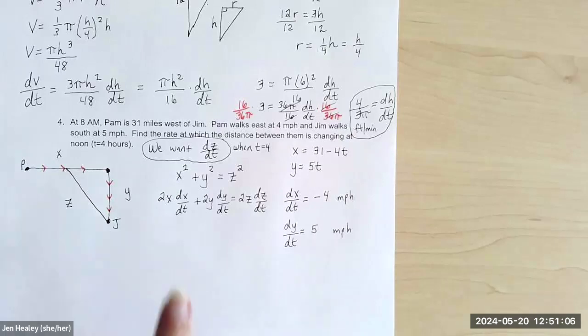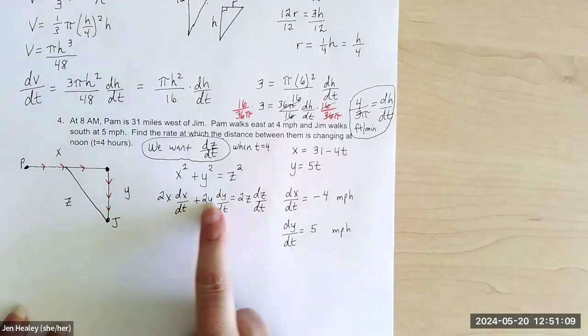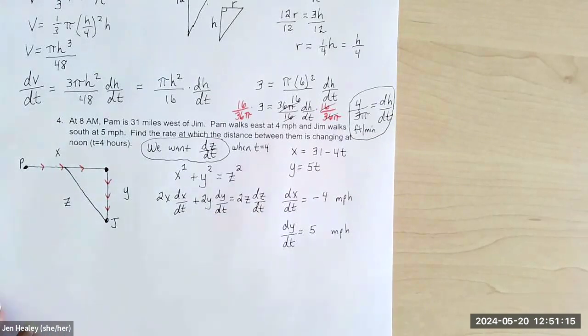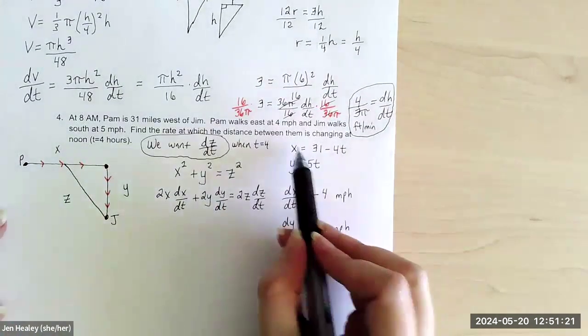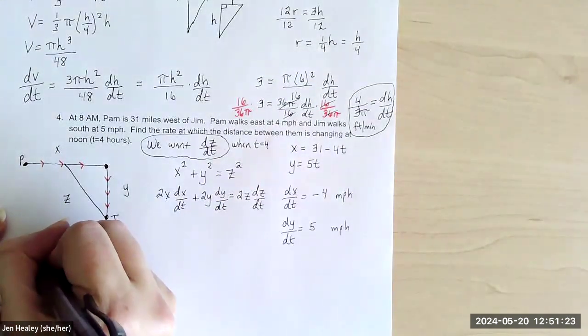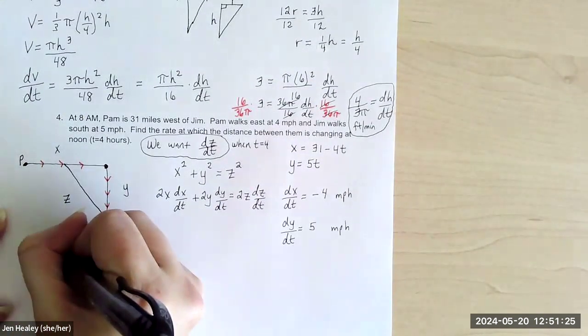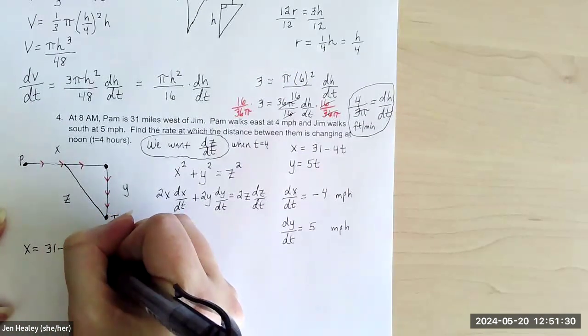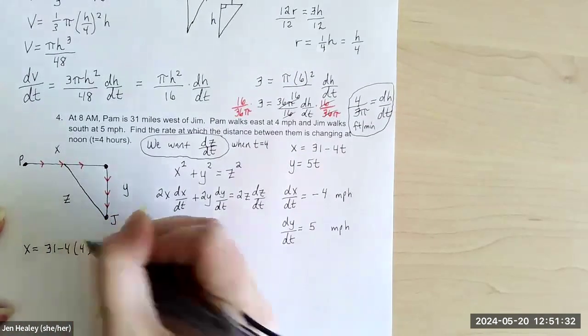I have x, y, and z that I'm going to have to plug things in for in order to solve this. So using that t, I need to figure out what x, y, and z would need to equal. So what does that actually mean? Well, thinking about this equation right here, x is equal to 31 minus 4 times t, we're plugging in 4 there for the t.